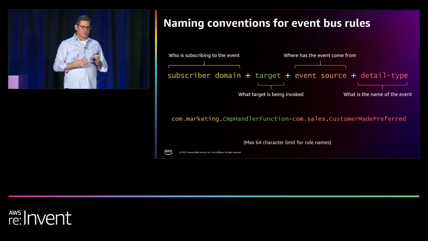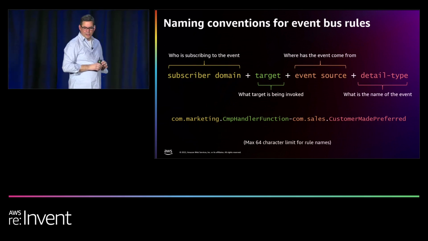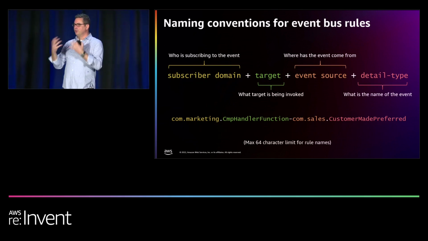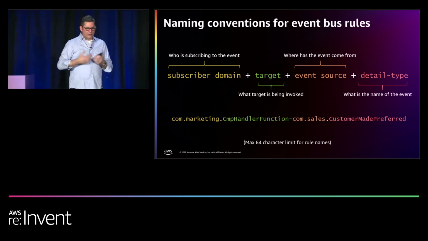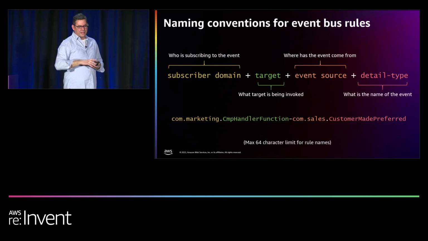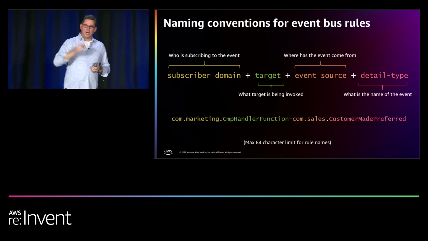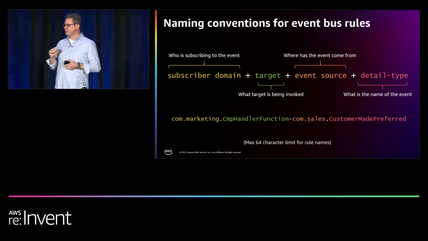And one approach that you could take is defining a convention that incorporates who is subscribing to the event, how that event is integrated, and also has some details around the type of event that is being consumed.